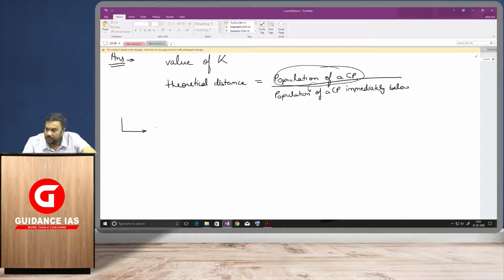Full stop. When applied in India, it is found that the model is applicable only partially.